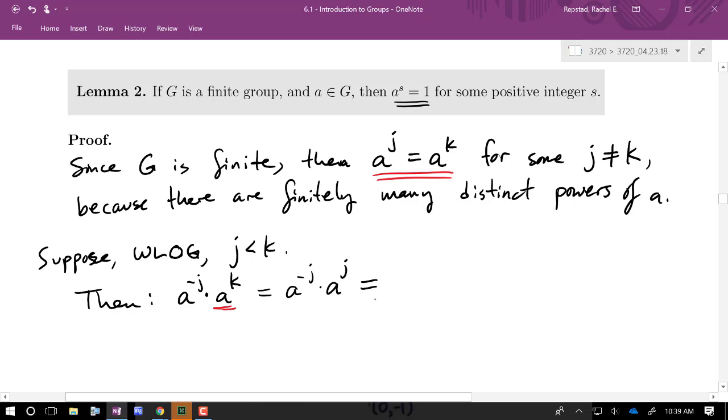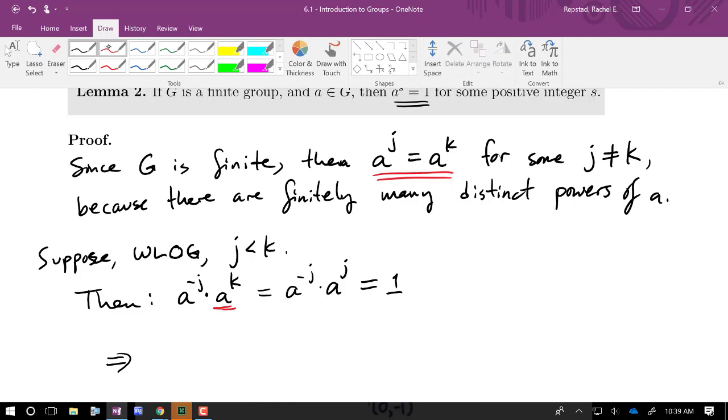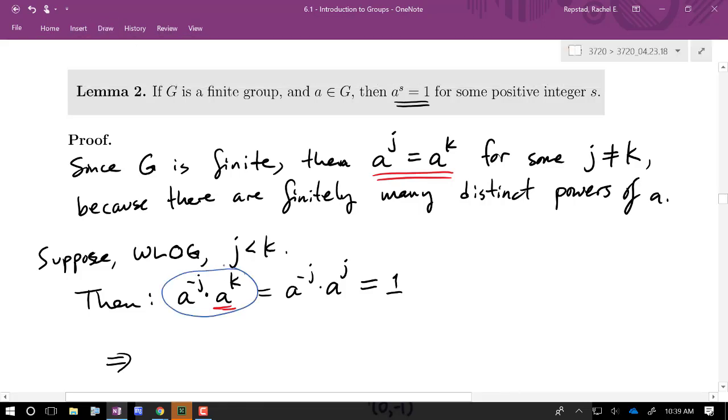And what do we get when we multiply A to the negative J times A to the J? 1, yeah. They are inverses of each other. That was one of the results that we reviewed quickly on the previous page. On the other hand, what is another way to write A to the negative J times A to the K?